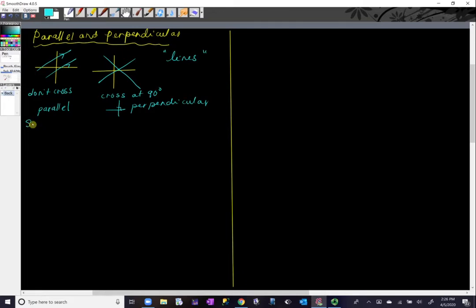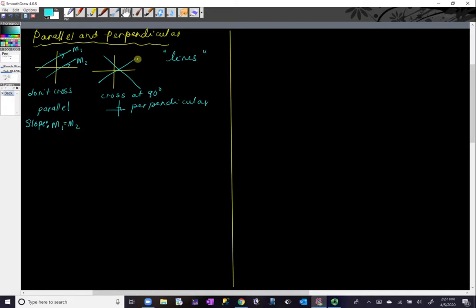Another key is the slope. Suppose line 1 has slope M1 and line 2 has slope M2. For parallel, slope 1 is equal to slope 2.